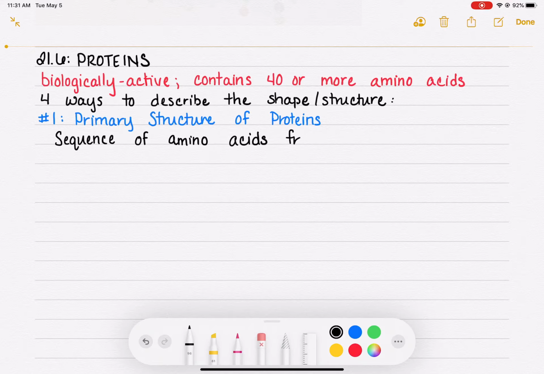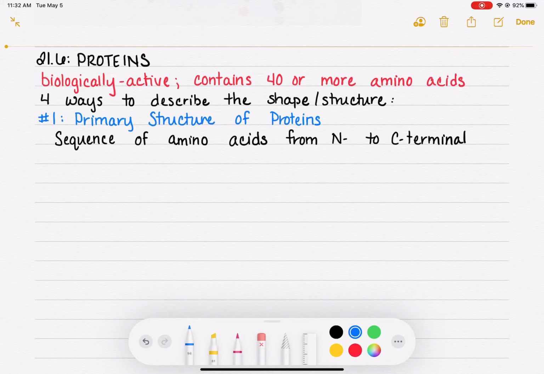So from the N terminal to the C terminal, the order of the amino acids in the protein. And that really gives us limited information about what the shape of the protein actually looks like, but it's a good starting point. The very first thing that has to happen is that all these amino acids have to be put together in a particular order.